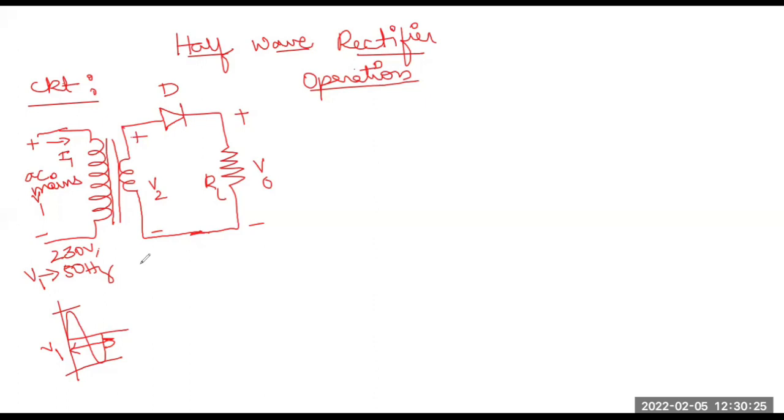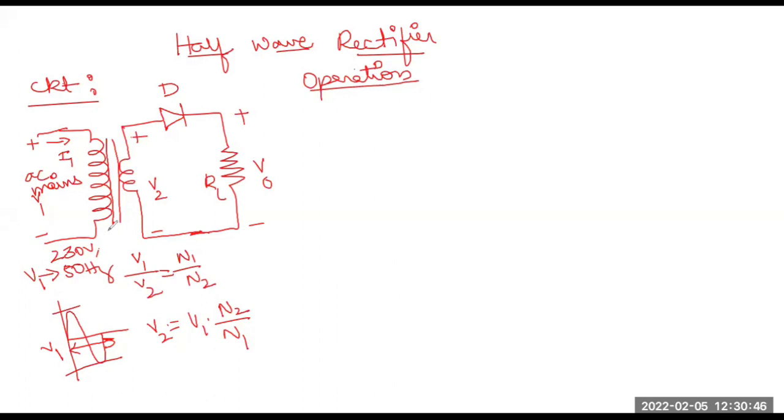And what is this secondary voltage? That depends upon the relation between voltages and the turns ratio. V1 by V2 equal to N1 by N2. So V2 is equal to V1 into N2 by N1.